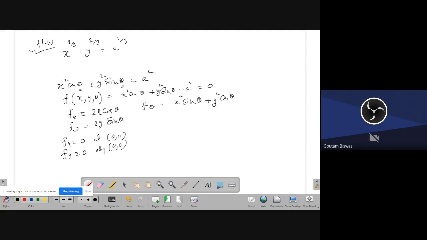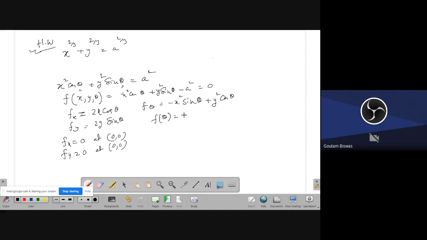But (0, 0) is not a point on the curve, because if these are equal to 0, a becomes equal to 0. So the RHS never becomes the LHS. So these two cannot be equal to 0. So let us put this equal to 0.